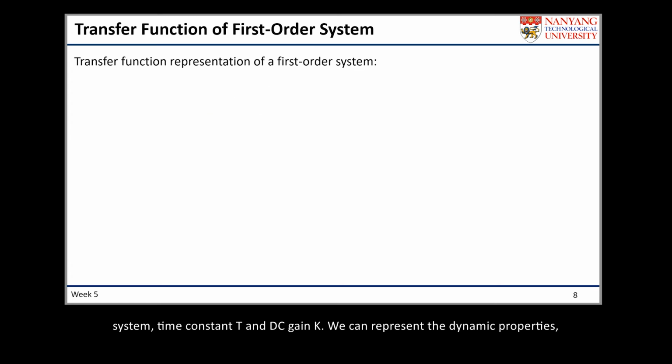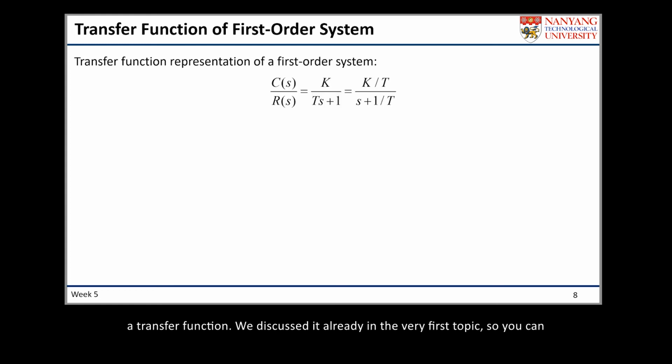We can represent the dynamic properties, the differential equation that represents the first order system, in transfer function form. You know how to convert a differential equation to a transfer function. We discussed it already in the very first topic, so you can try it by yourself.